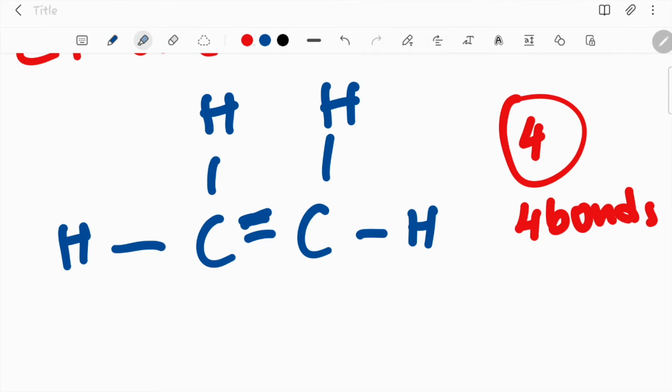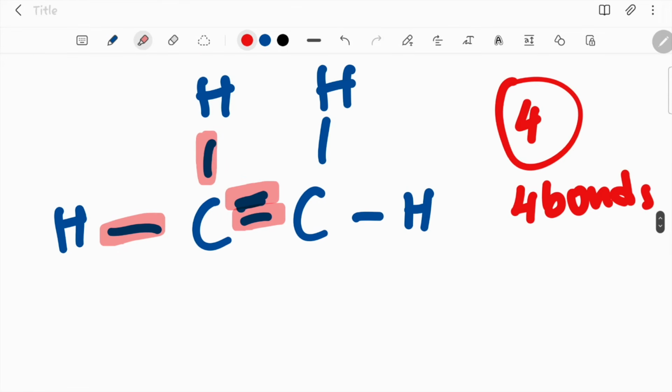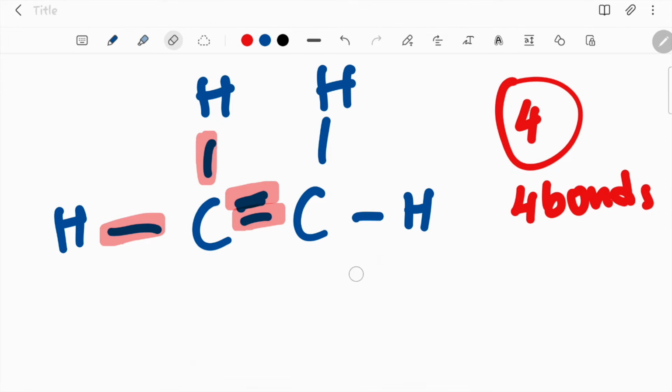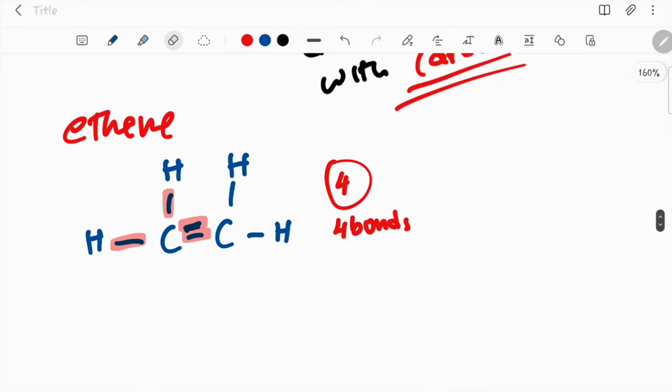If I use the highlighter here, this is 1 bond, this is 2 bonds, 3 bonds, 4 bonds. Each carbon must have 4 bonds. Okay, the carbon can only have 4 bonds. If I put this hydrogen here, it will become 5 bonds, and we are not allowed to do that. So I'm hoping you've understood that concept right there.